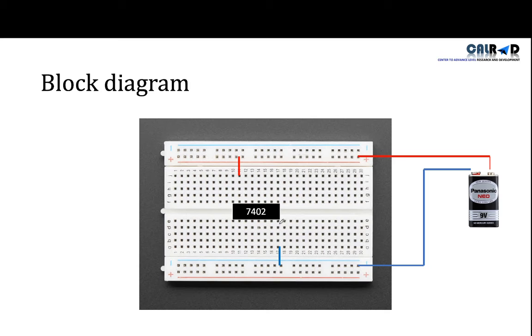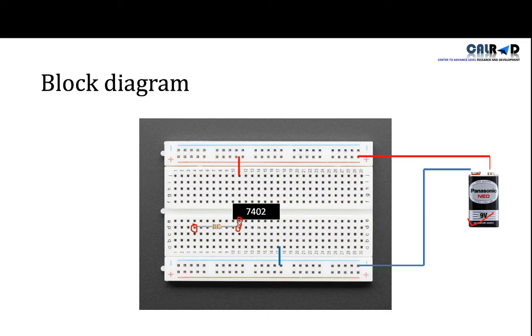Next step is we have to connect our output. So output on 7402, as we studied in the earlier slide, is on leg 1. So we connect one side of leg 1 with the resistor and the other side on any of the holes. Why do we connect a resistor? As in our last experiment, because we are using a 9-volt battery, in order to save our LED we will use a resistor.